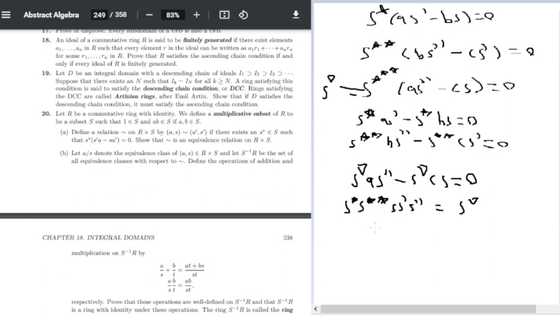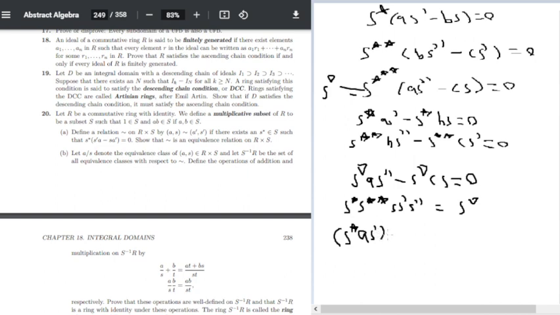So S prime, S star, S prime will get us S star, S prime, actually. First of all, notice that we have S star, A S prime prime, or A S prime.